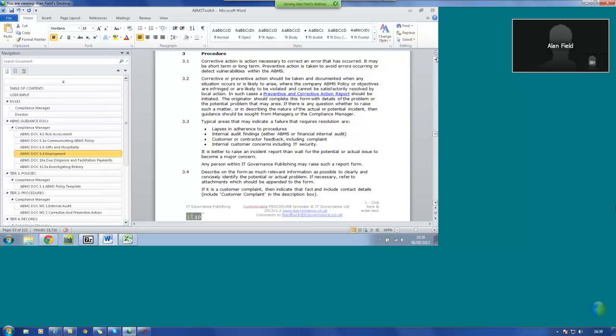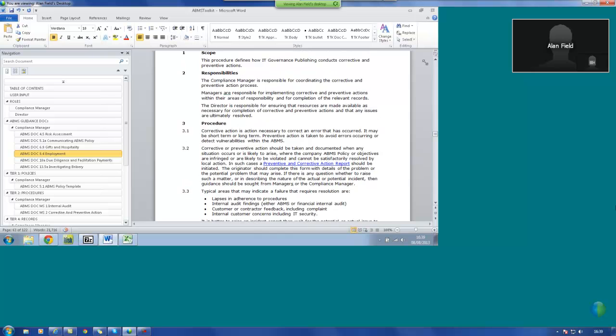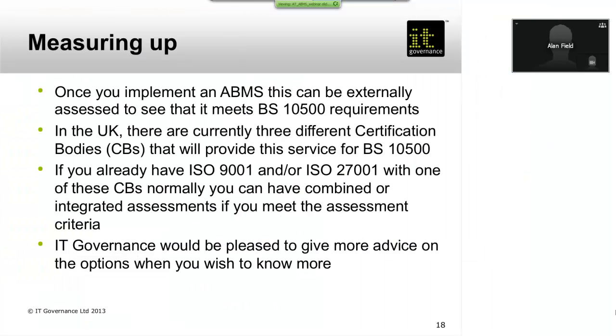And as you can see here, we then have links, hyperlinks through to documents and procedures that we have written to support the guidance. And I think that shows you there what we've done.